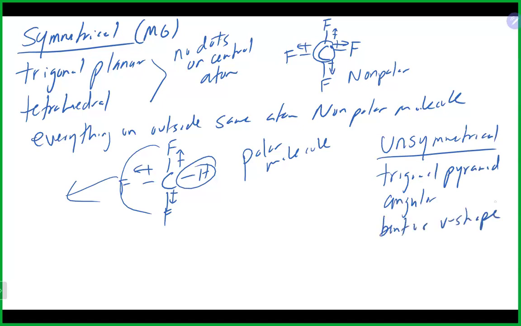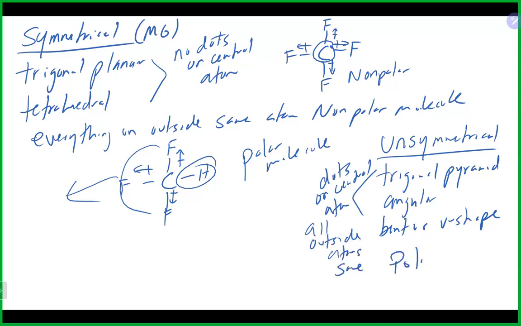What all these guys have in common are there are dots on the central atom. And if you have any of those geometries and all the outside atoms are the same, it will most likely be a polar molecule because they're not going to pull equally, basically.